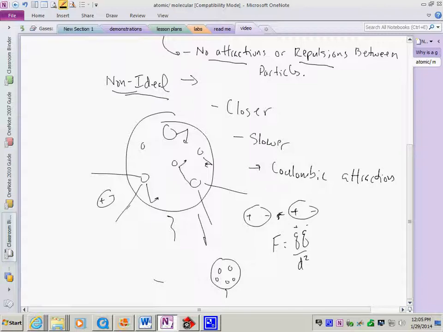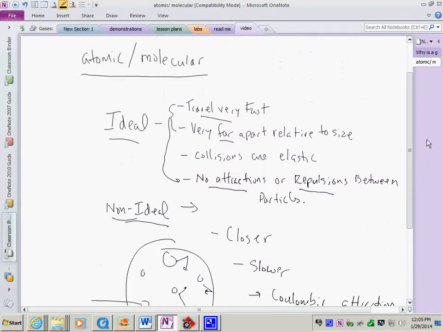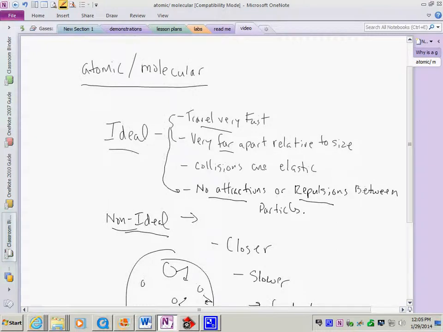Okay, but what is unique about this is some particles don't have any attraction, any charged particles. It'd just be neutrally zero. So the identity of the particle, the individual properties of the individual atoms, is extremely important, unlike up here, where lots of variables are important.